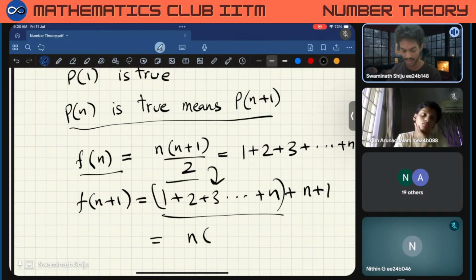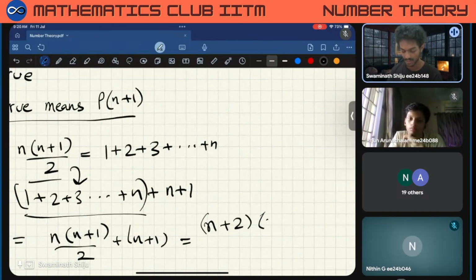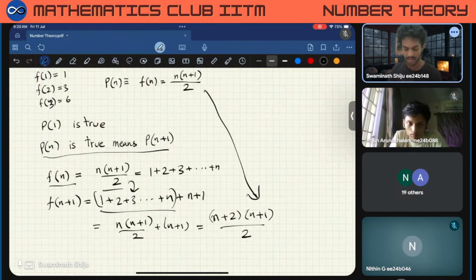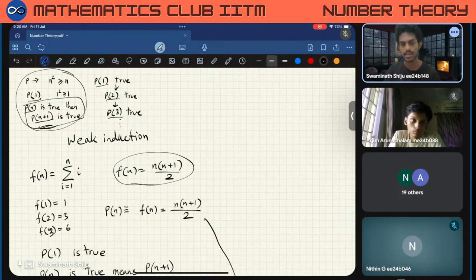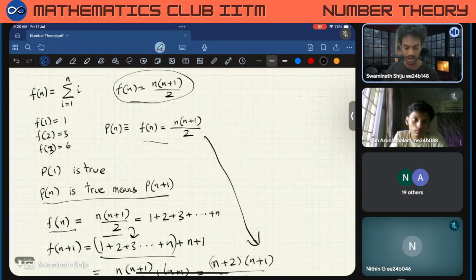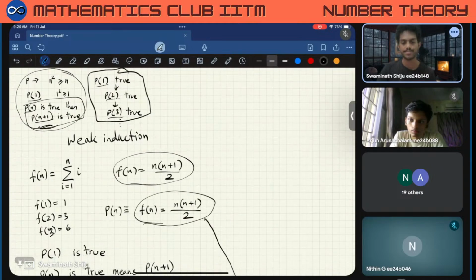We get n into n plus 1 by 2 plus n plus 1, that is n plus 2 into n plus 1 by 2. Now you see that this is the same formula when you substitute n is equal to n plus 1. So what we proved here is that if P of n is true, then P of n plus 1 is true. By this chain of reasoning, by weak induction, this formula always holds.